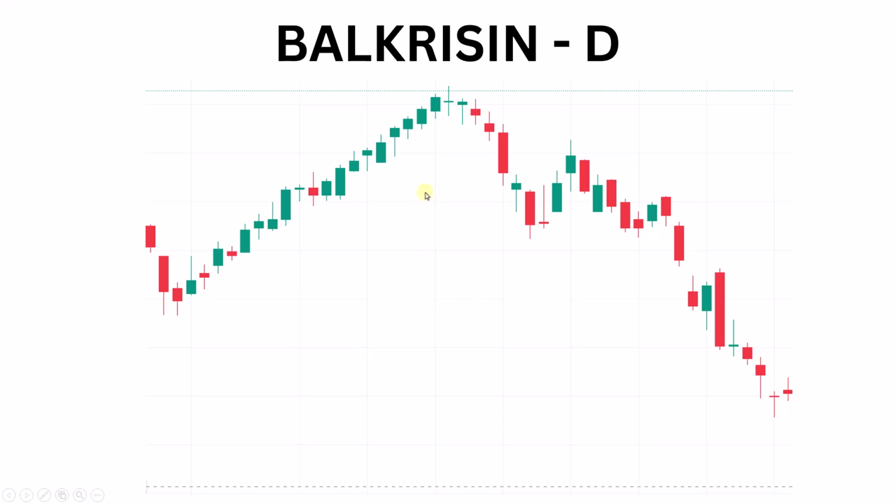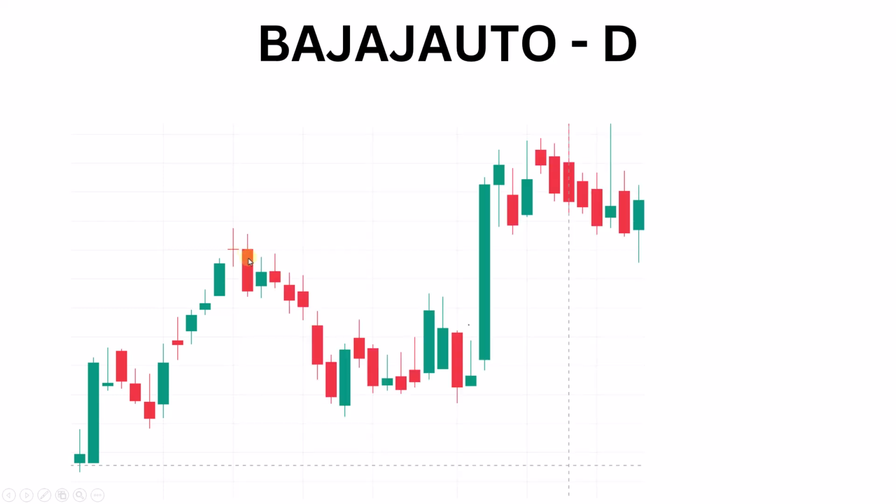Okay, next, Bajaj Auto, the price was moving up and we have a perfect doji here, and after this the price came down. Okay, so this is how doji tells us that the trend is changing. Now look here at this.